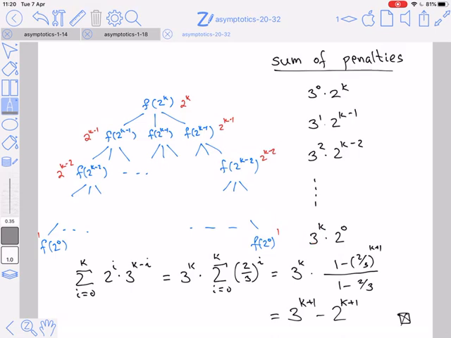Now the penalty associated with each level is 2 to the power of k with respect to the root, 2 to the power of k minus 1 with respect to the first level, 2 to the power of k minus 2 with respect to level number 2, and so on and so forth, until we have reached the leaves, in which the penalty is 2 to the power of 0. So now we want to compute the sum of these penalties.